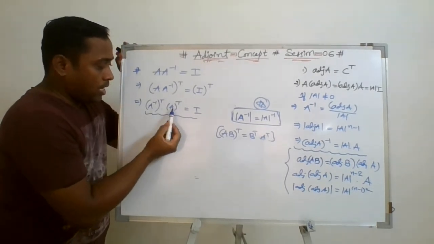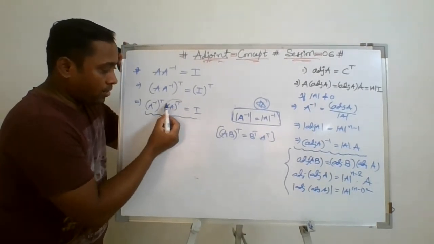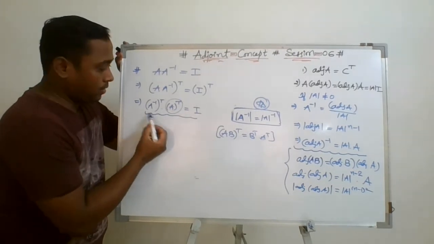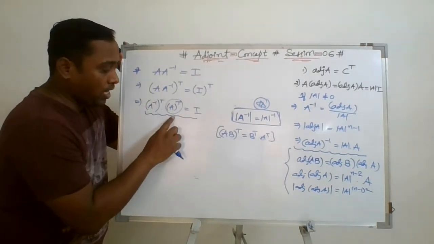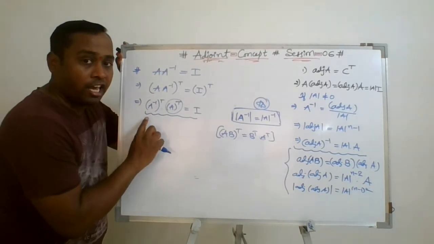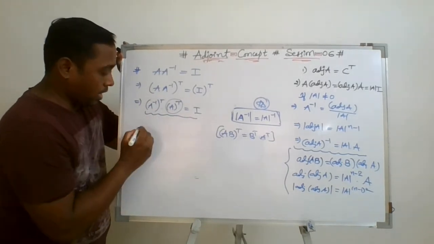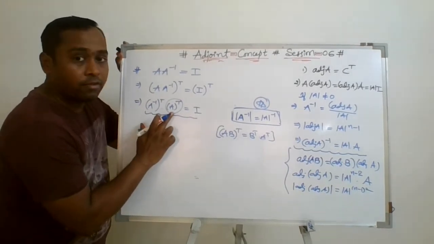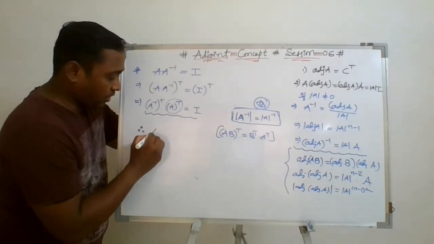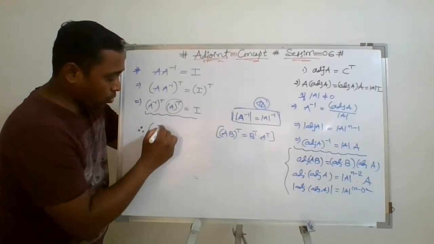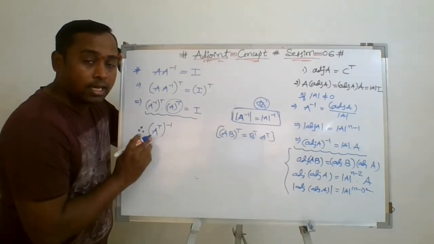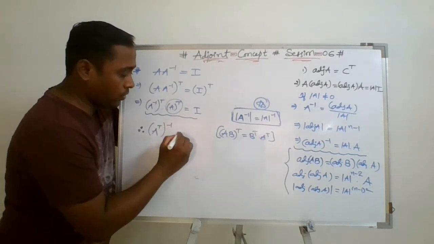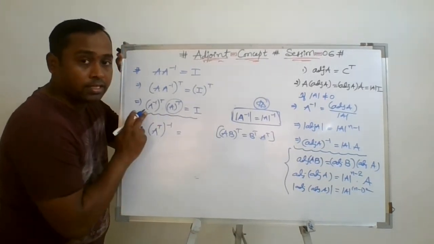Hence, if I consider this as B, this as A, then the inverse of B will be A inverse whole transpose. Therefore, I am taking the inverse of B matrix, that is A transpose the whole inverse, which is simply this.